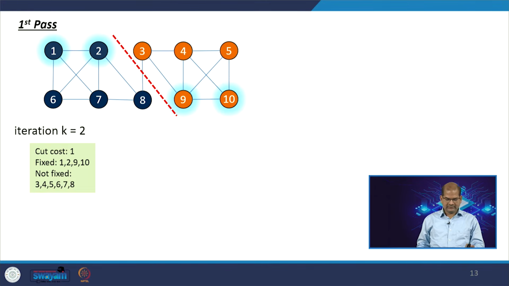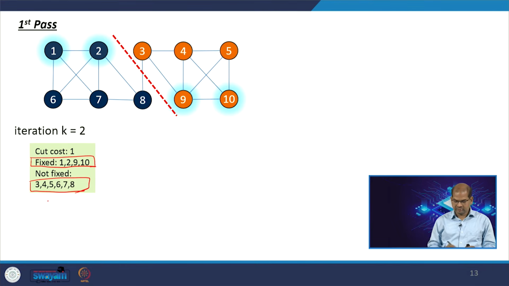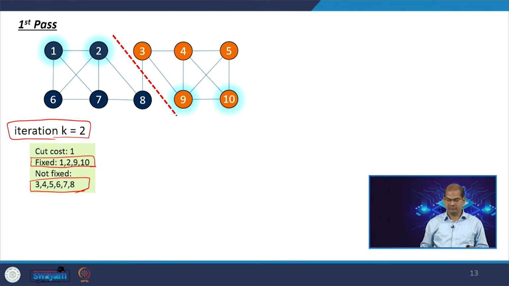Now I have 4 nodes fixed: 1, 2, 9, 10 are fixed and the rest of the nodes are not fixed. Here k is 2, so 4 nodes are fixed and 6 nodes are not fixed.